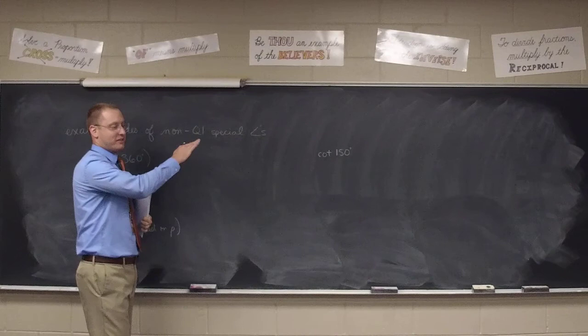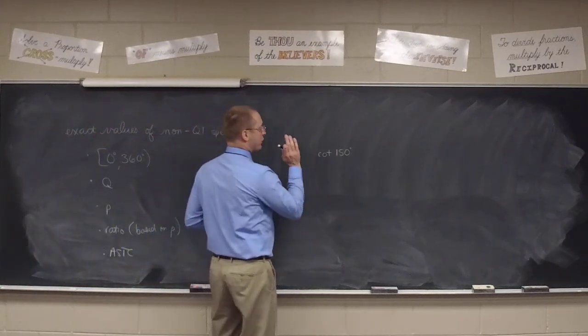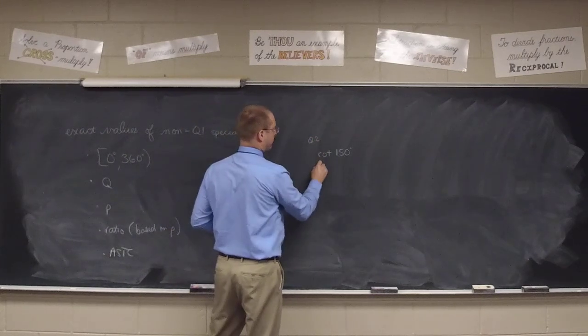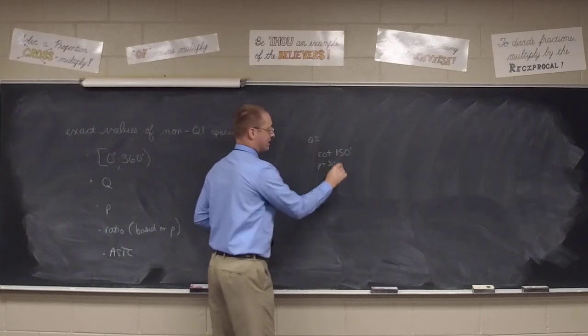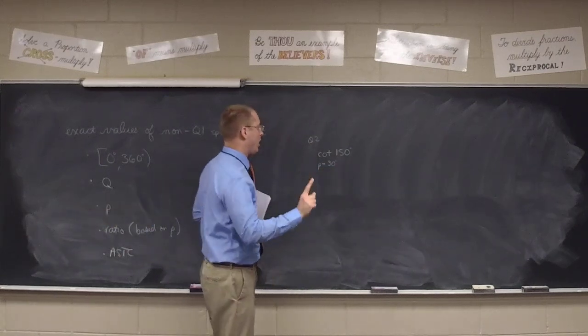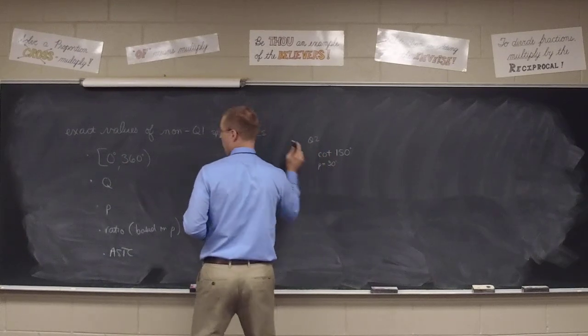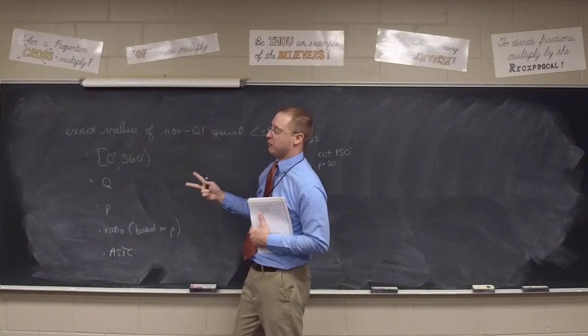All right, cotangent at 150 degrees. For real. First thing I need to do is figure out what quadrant, class. Quadrant 2. Quadrant 2, reference angle. 30, you're basing it off of 180, okay? Now, what is the cotangent of 30? Well, looking over at the triangle, adjacent over opposite for 30.